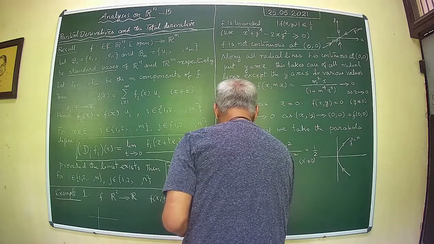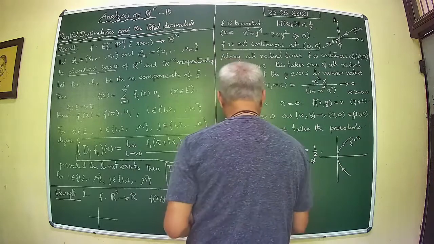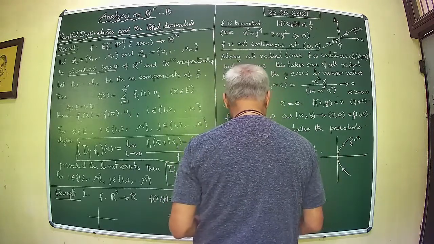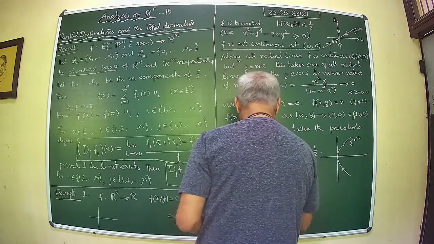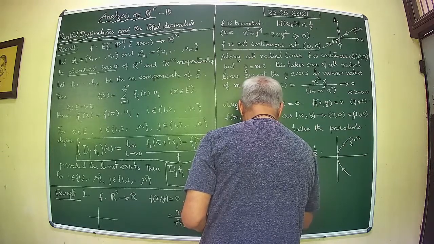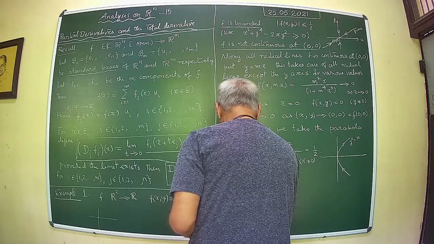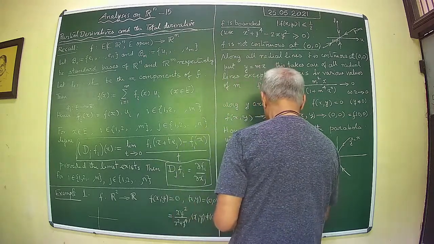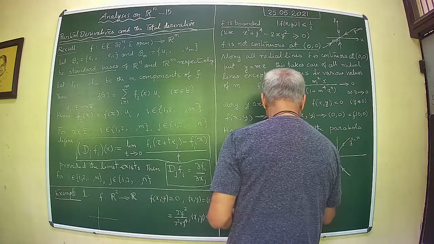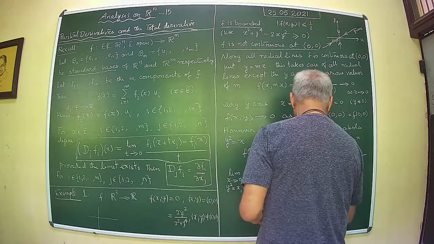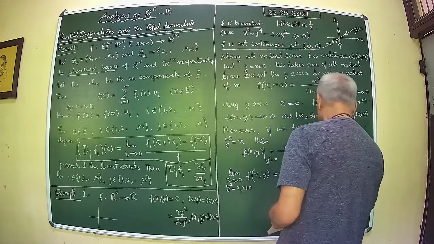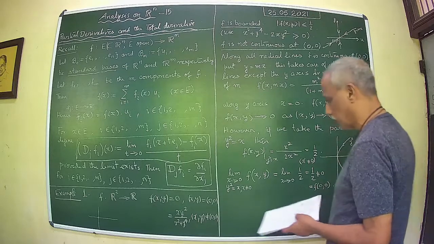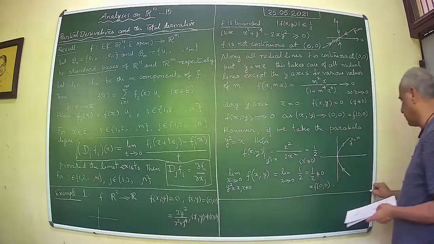Therefore the limit is one half. So you see that there is a path along which the function goes to half, which is not equal to 0. Therefore, the function is not continuous.